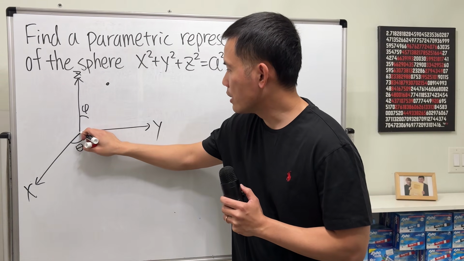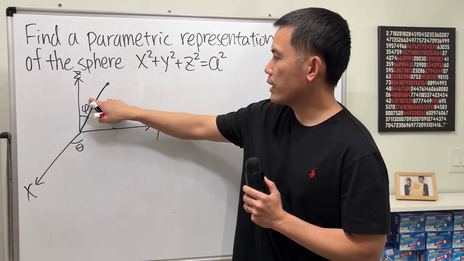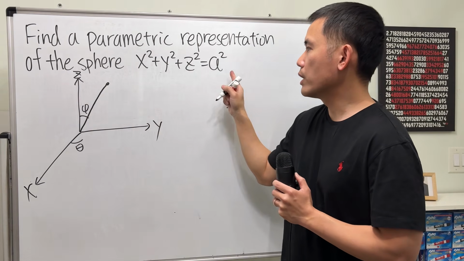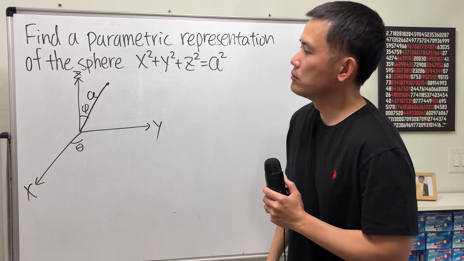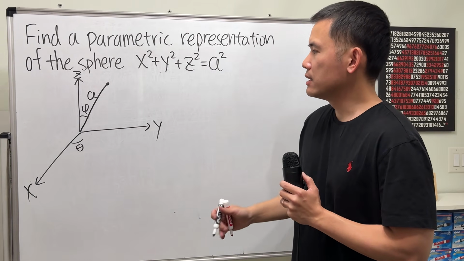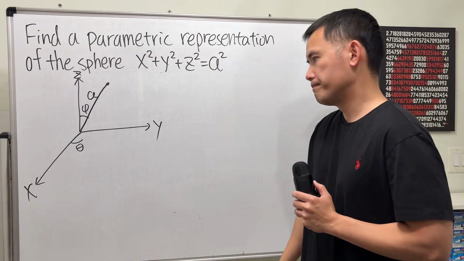That, from here to here, is the distance that we need. Usually we'll write it down as rho, the Greek letter rho, but here we are talking about a for the radius, so I'm going to put down a right here. Okay? So, how are we going to get x, y, and z based on these three things though?